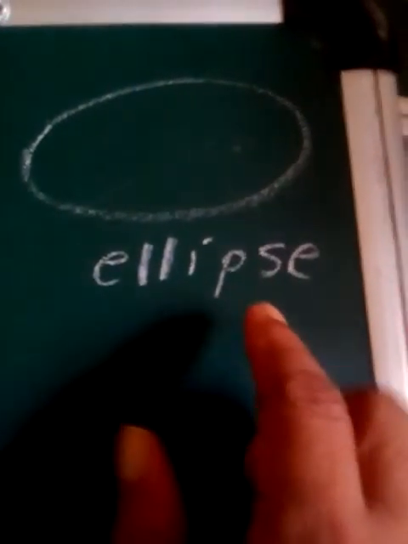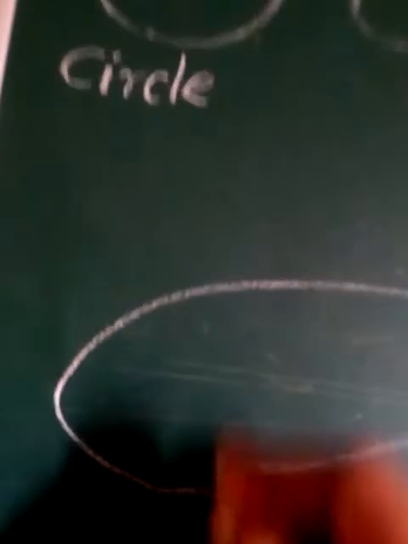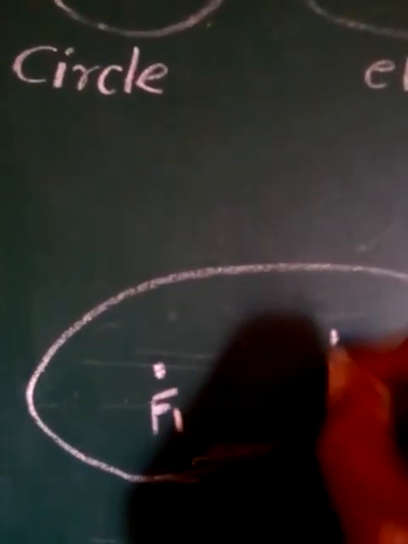If suppose this is an ellipse and its area is something, let us now think this way. This is an ellipse. Suppose I am drawing a very rough sketch. This is f1 and this is f2. These are two foci.